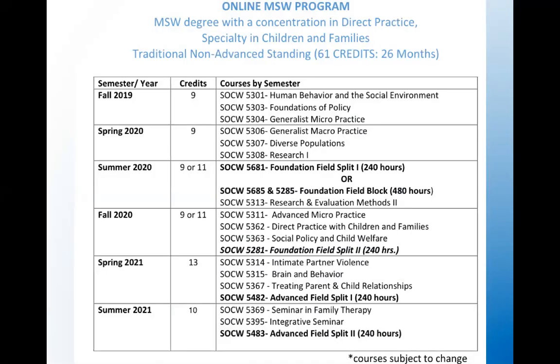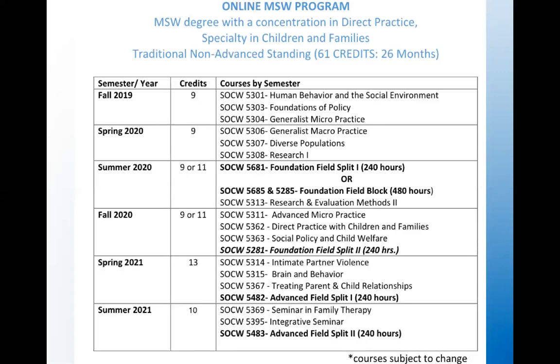So what I have in front of you now is a degree plan. This should look familiar to you if you have decided to do our full-time degree program. This is a 26-month, really a 24-month program, a 2-year program where you go fall, spring, and summer for 2 years.